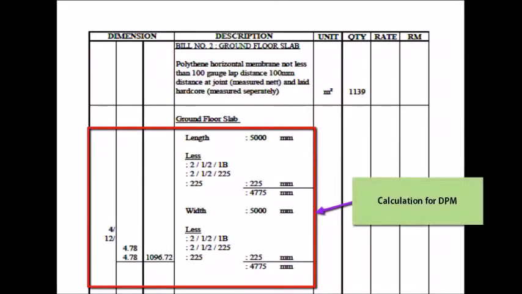So now, start the calculation of DPM, where the length is the same as the ground floor slab, then less 2 multiplied with half of the brick wall size. So, we can get the total length for DPM. For the width, take the width of the ground floor slab, and also less 2 multiplied with half of the brick wall size. So, we can get the total width for DPM.